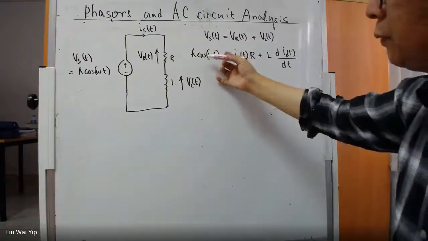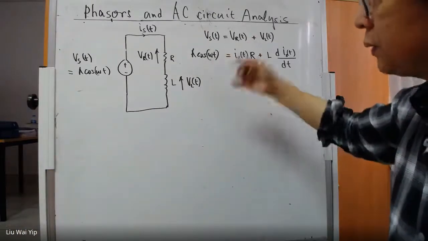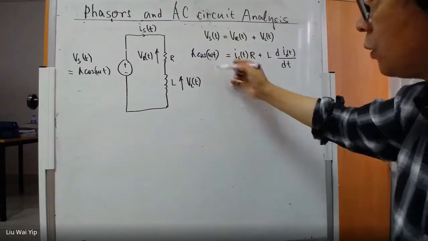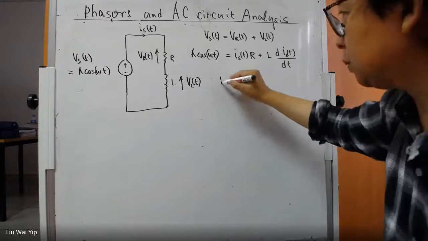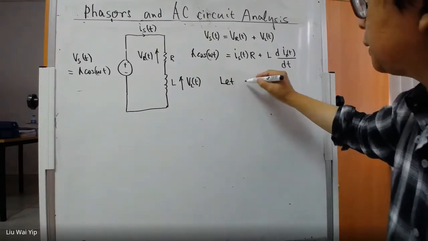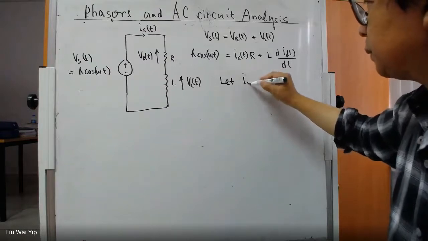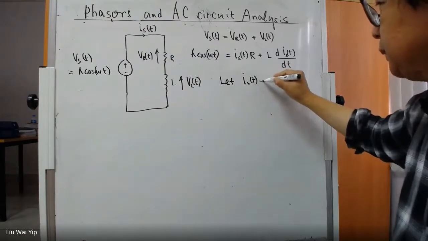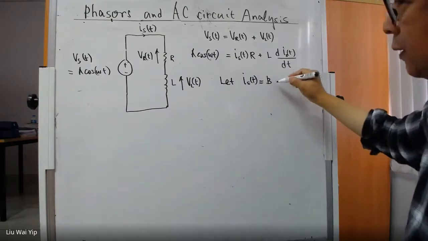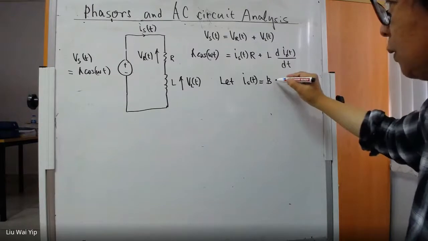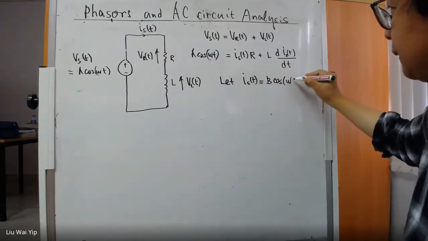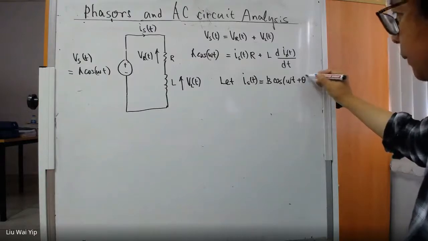If the voltage source is of a sinusoidal form given by A cos omega t, then it's logical to assume the current to be equal to, say, B, the magnitude of the current, times cos of omega t plus theta. This is very important.